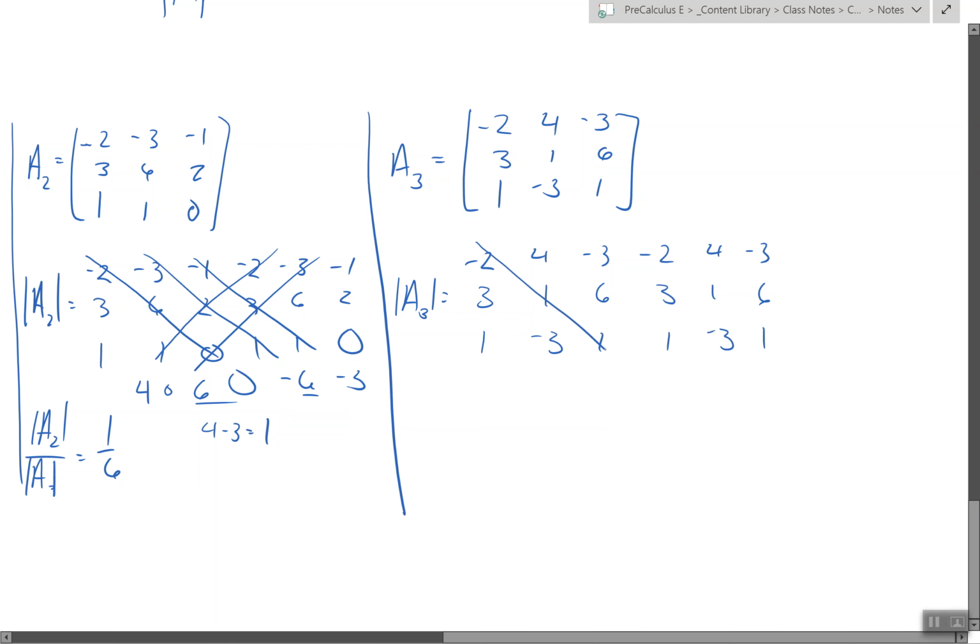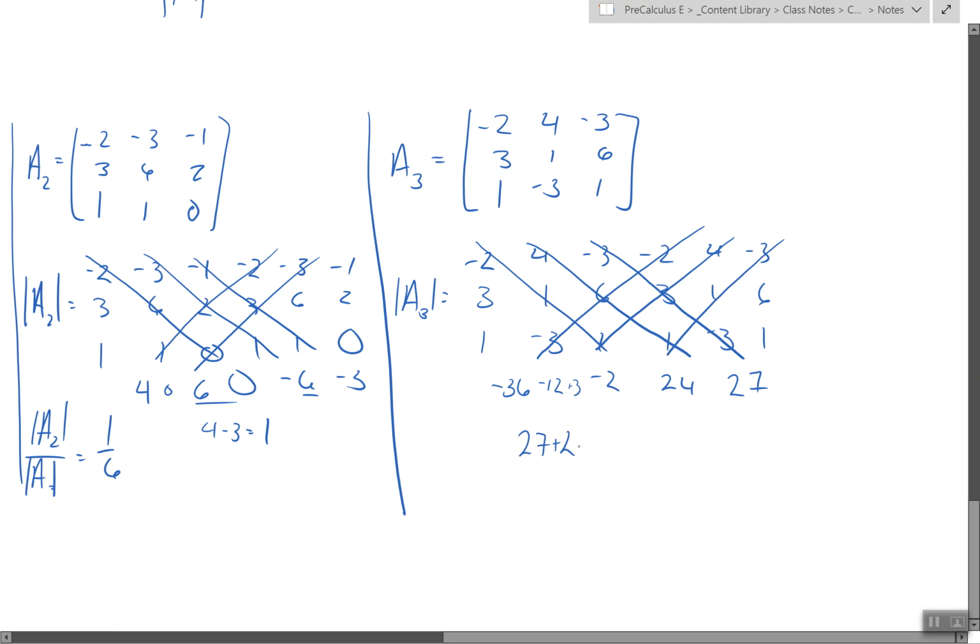All right, here we go. So that is -2. That is +24. That is +27. That is -36. 12, but we're going to make it the opposite sign, so -12. And -3, so +3. So we have 27 plus 24 minus 2 plus 3 minus 12 minus 36.